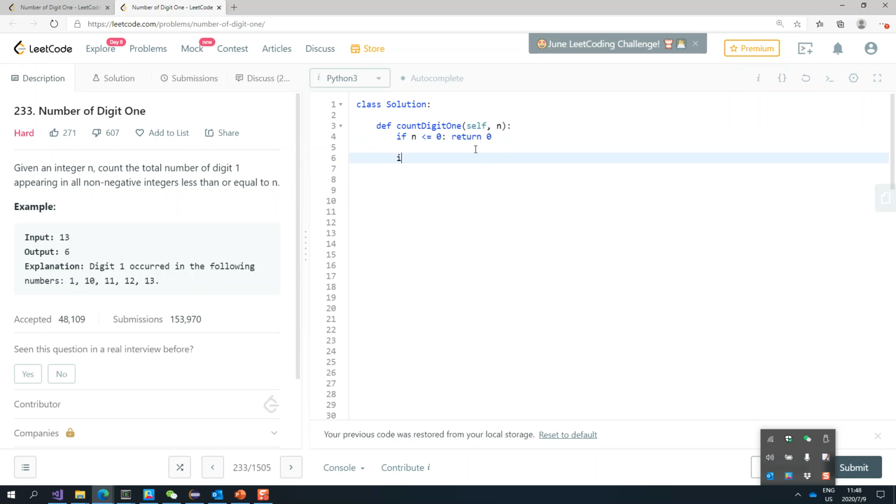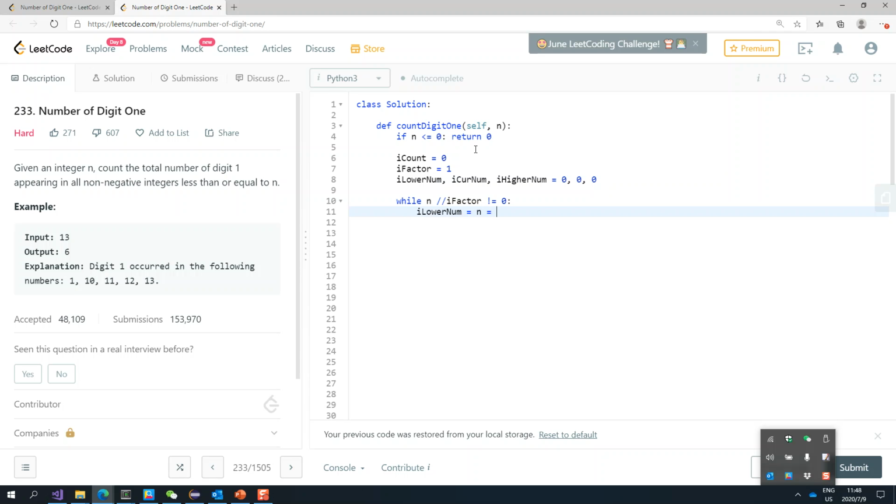So now we have count as 0 and factor as 1, and lower number, current number, and higher number all 0. While n divided by the factor is not 0, what should we do? We should compute the three numbers.